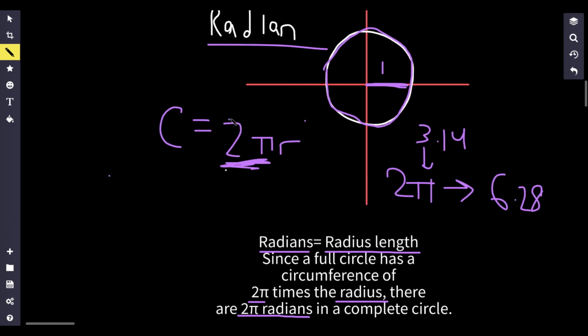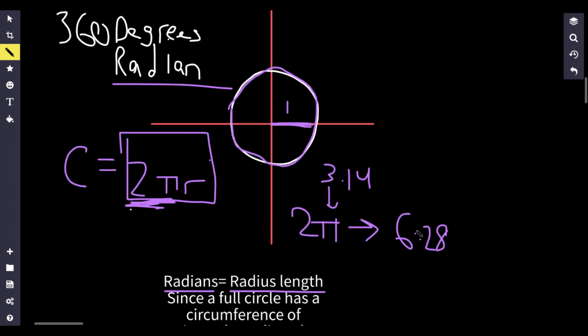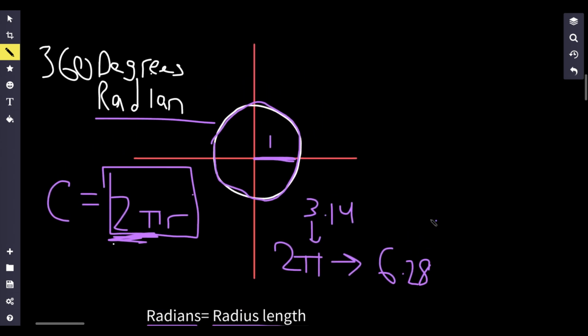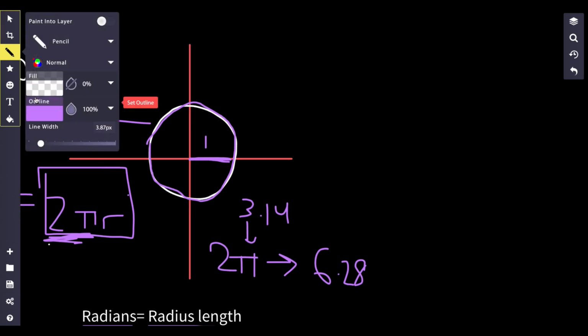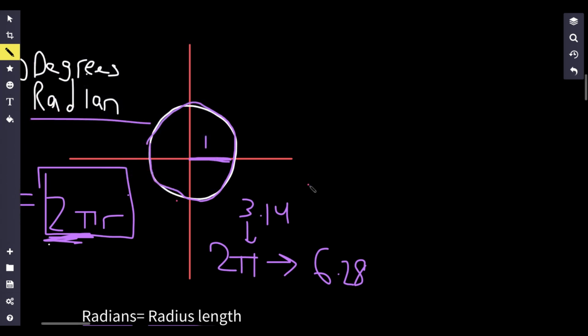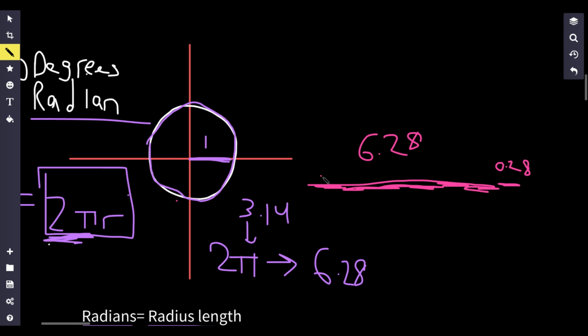If I have a radius of 1, I stack 6 radii on top of each other, and I add an extra 0.28 at the end. And then I can wrap it around a circle.